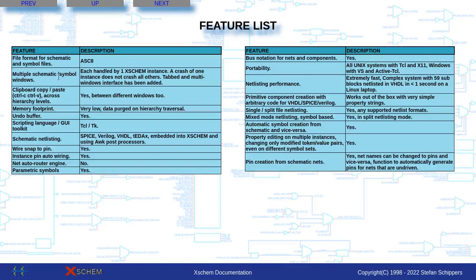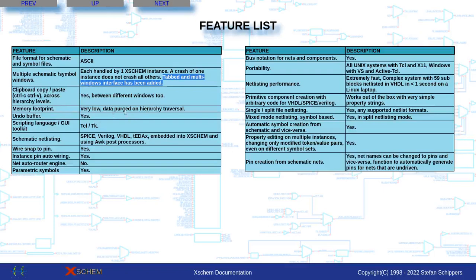We can handle multiple schematics and symbols, either by launching more Xschem processes, each handling one circuit, or we now also have a tabbed and multi-window interface, so we can have one single Xschem instance handling more than one schematic. We can copy-paste across hierarchy levels. We can copy-paste data on different windows, so you have two windows open, you can select a portion of the circuit and drag the circuit to the next window.